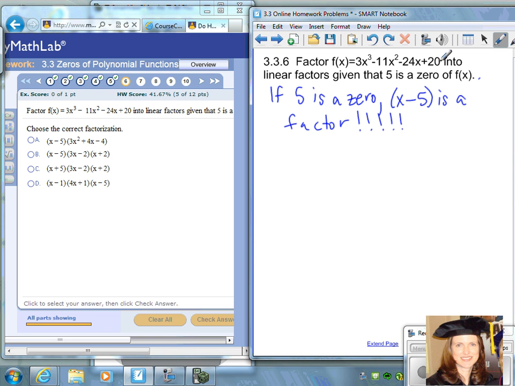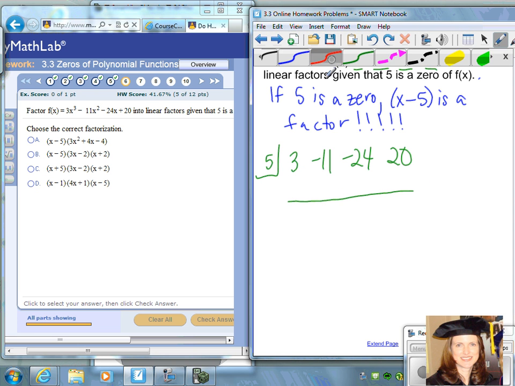So we're going to use synthetic division with a 5 in the box and the coefficients of the polynomial: 3, negative 11, negative 24, and positive 20.